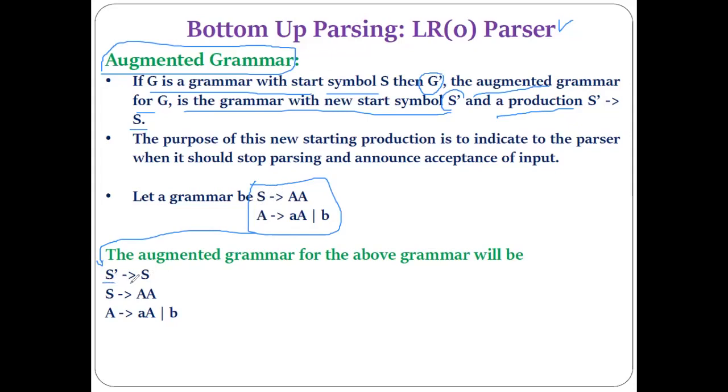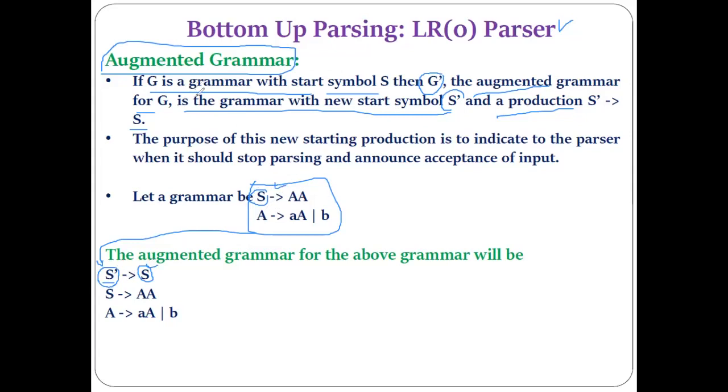By introducing that non-terminal S dash, you have to derive the starting symbol of the original grammar. What was the starting symbol of the original grammar? S. So using that S dash, we derive S, which is nothing but the starting symbol of our original grammar.